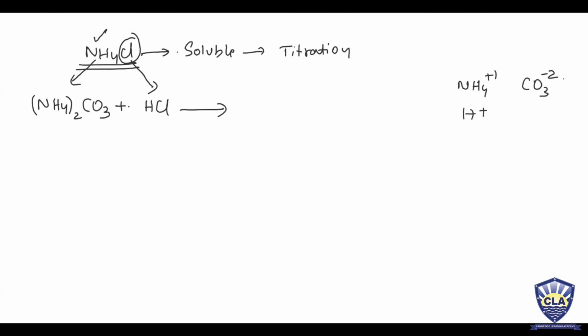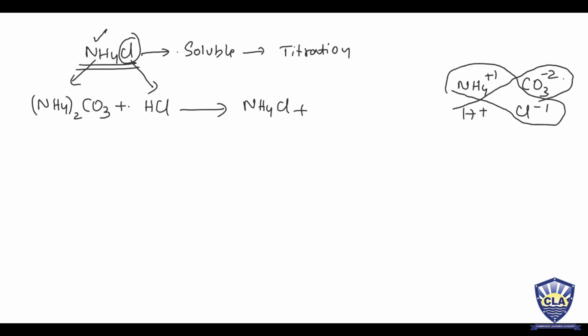Now react it. Ammonium and chloride will form ammonium chloride. H and CO3 form H2CO3, which forms H2O plus CO2. This is gas, this is liquid, and this is the soluble salt, aqueous.